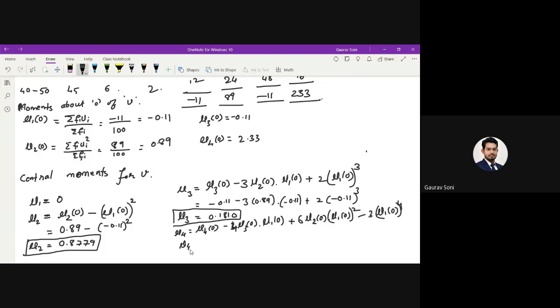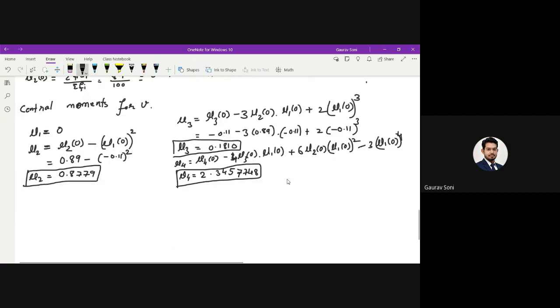Put the values, we'll get mu4 equal to 2.3457. Now these are the central moments for u, and using this we need to find central moments for the variable x.